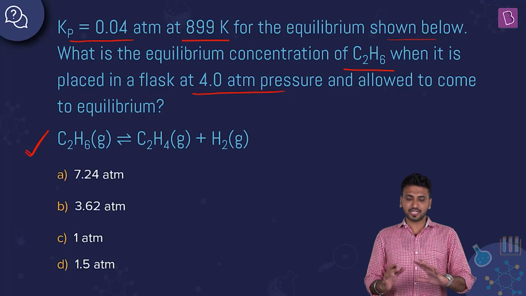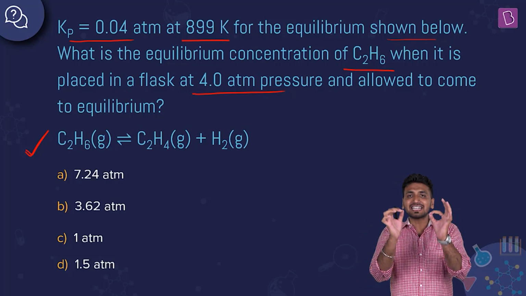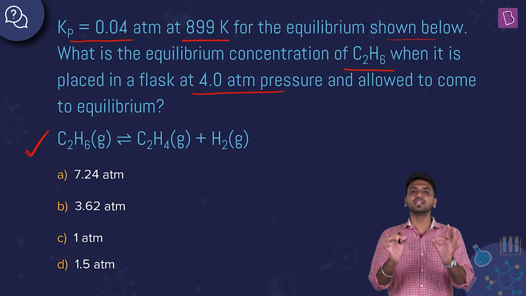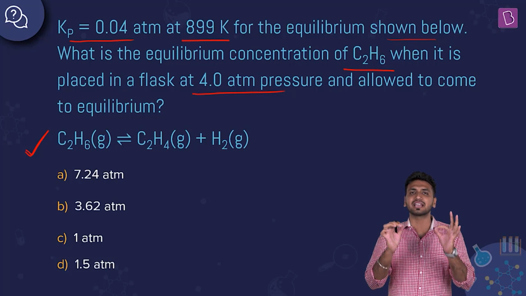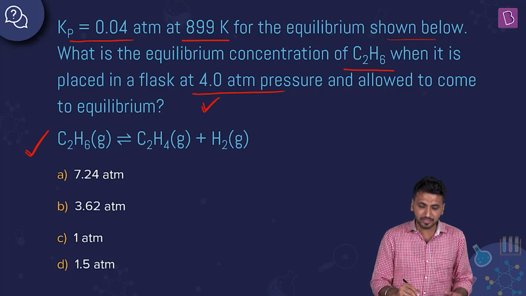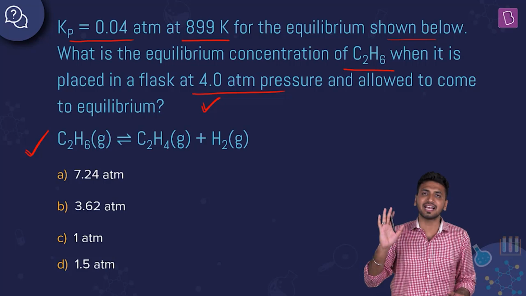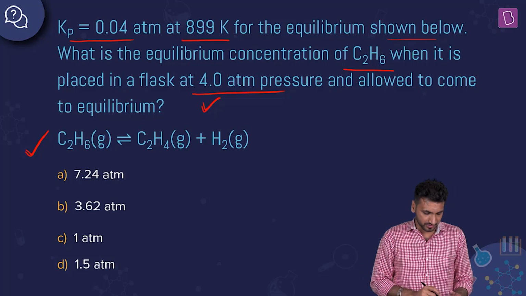Try to understand one thing clearly: at the initial moment you have only ethane gas in the flask, so the initial pressure of 4 atm is nothing but the partial pressure of the ethane gas.